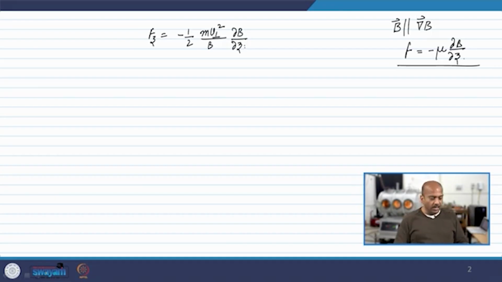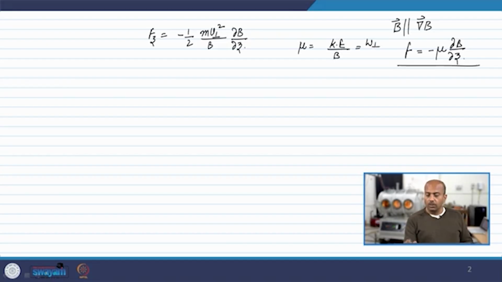So, ∂B/∂z indicates the gradient in the magnetic field, since we know that the magnetic moment generated by an individual particle is mv perpendicular square by 2B, which is the perpendicular kinetic energy divided by the magnetic field.